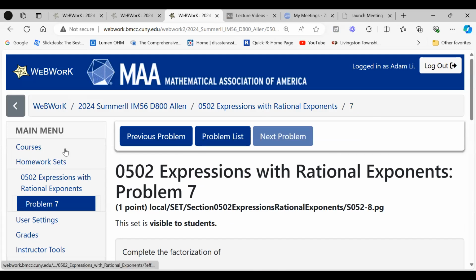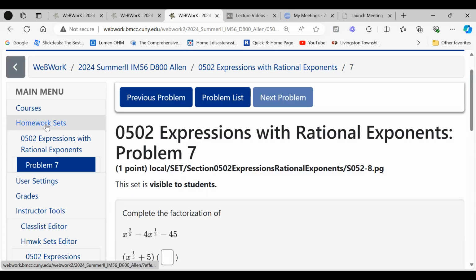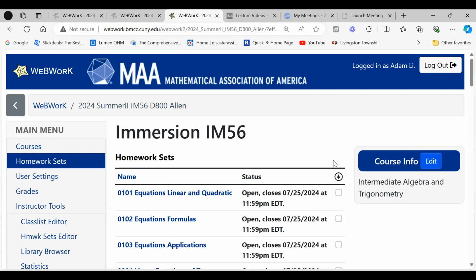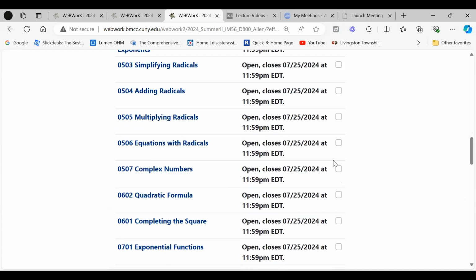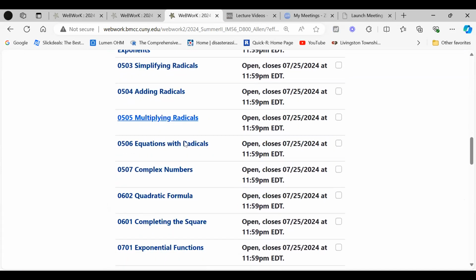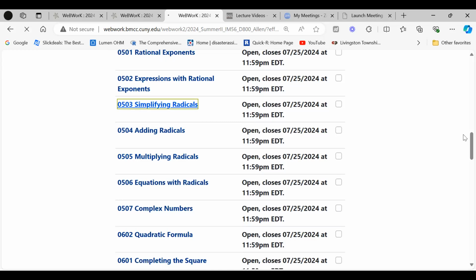So now let's move on to the next section, which is simplifying radical expressions. Let's start with some practice. 5.3, simplify radicals.